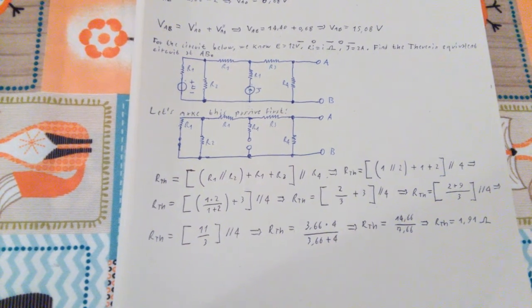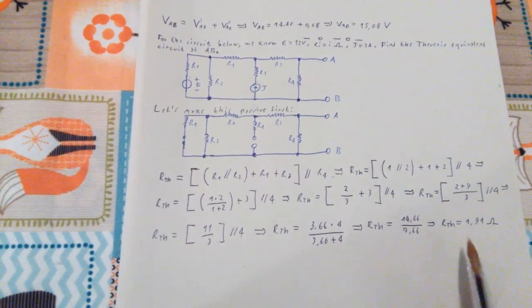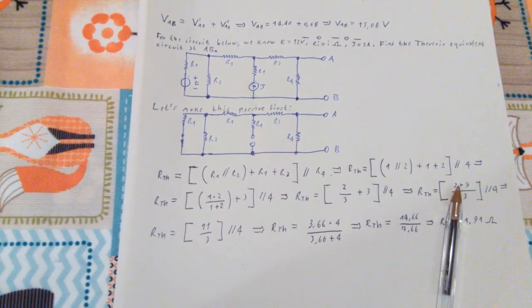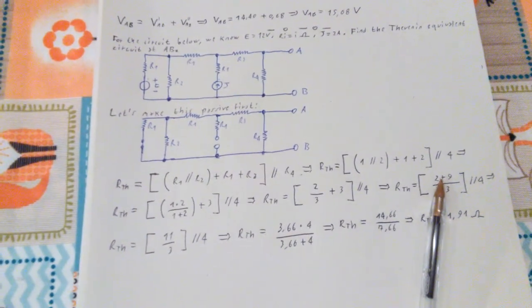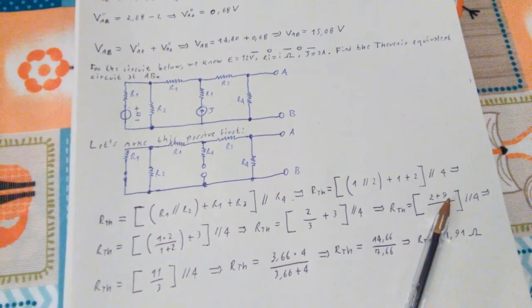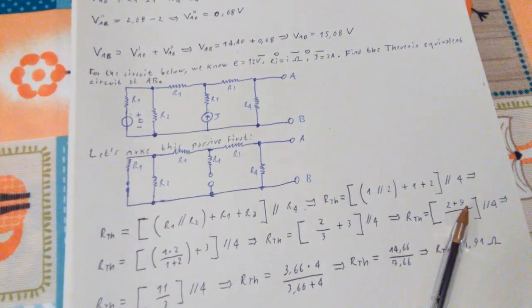Okay, so now that we have found our R_TH, which is the Thevenin resistance, we're going to crack on.